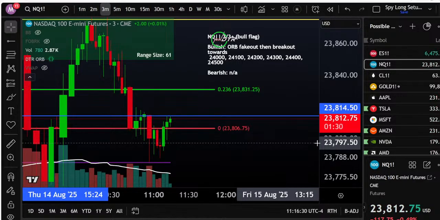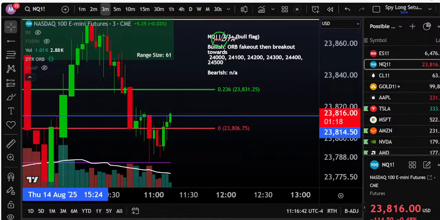Hey guys, I am in 23, 811.50, stop loss 806. I have 3 contracts on this. 811.50.